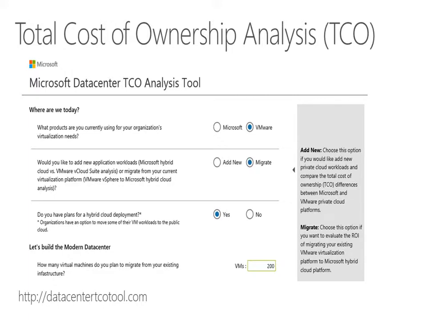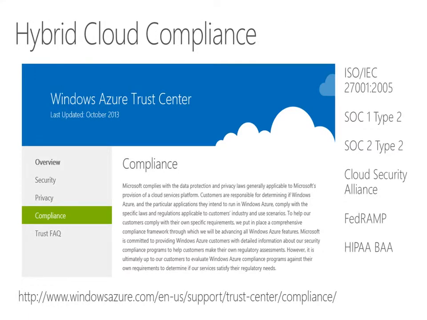So we've talked a bit about geographic diversity, assessing our current environment, planning from a cost standpoint. Compliance, when we're talking about the hybrid cloud or the public cloud, also becomes an area of concern, and our Windows Azure team has been deeply working with several organizations to help address compliance requirements for many common organizations and industries.